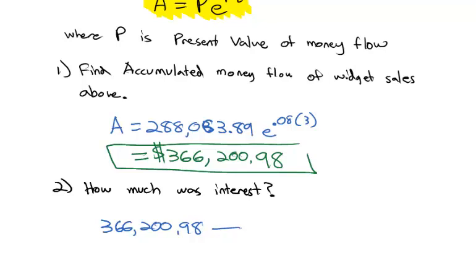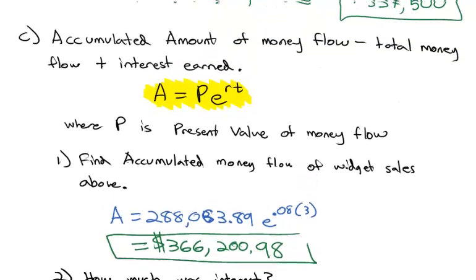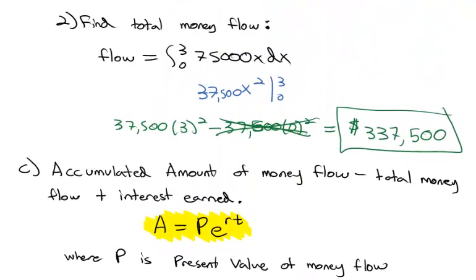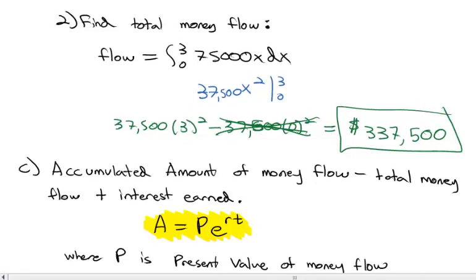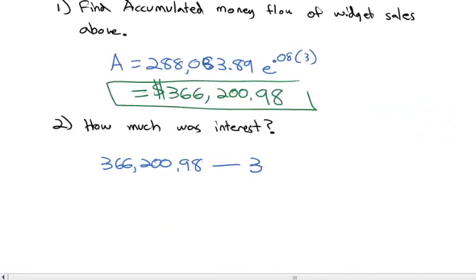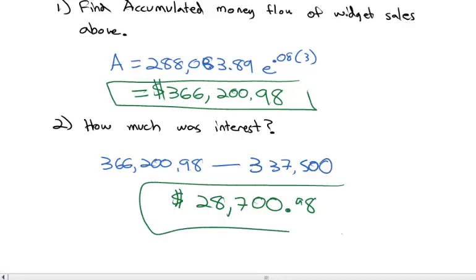That was the actual total money flow. How much total money flowed into the account? $337,500. And when we subtract, we're going to get our interest. Our interest over those 3 years was $28,700.98.